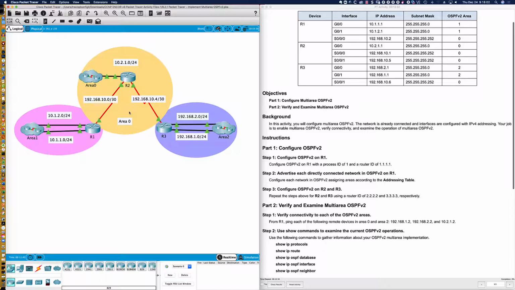Remember, the SPF algorithm is what is creating that graph, right? That tree for us that each of the routers will look at to determine what is my shortest path to get from me to some other destination. And this is what multi-area OSPF is allowing to happen, and it's doing it through abstraction. Again, we're talking about multi-area OSPF.